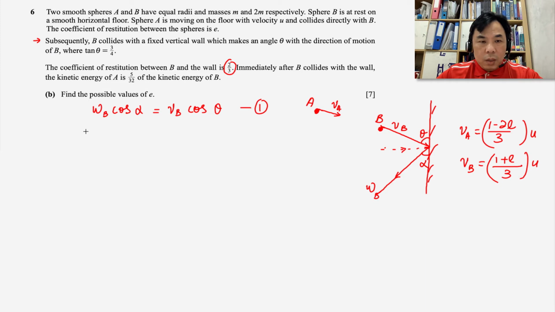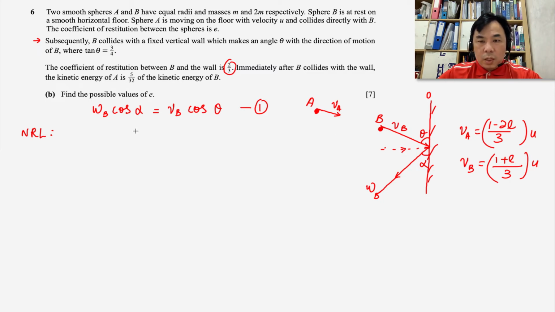Now for that, we know that the W_B sine alpha component of the velocity will be involved. If I were to use Newton's restitution law here, it would look something like this. Because the wall is not moving, the velocity before collision is zero, and after collision is also zero.